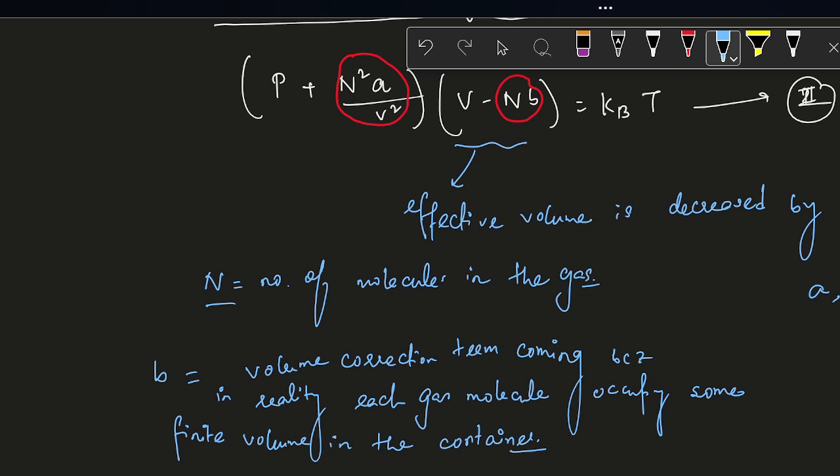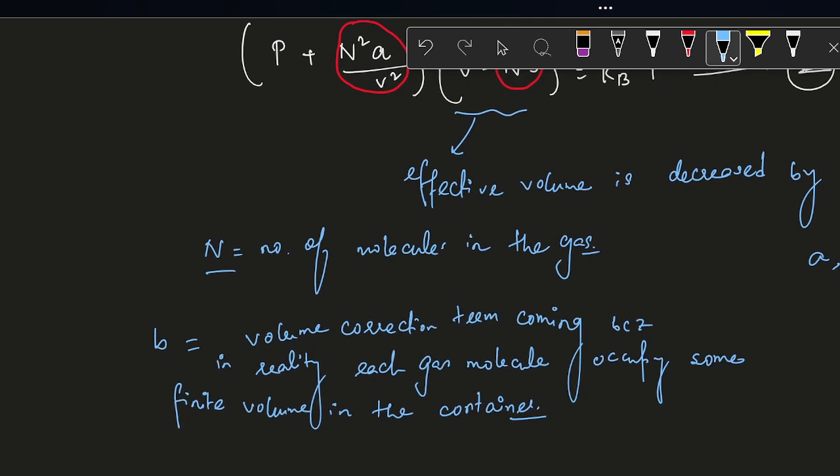The total container volume V was available whenever a gas molecule wanted to move from one place to another. So in the ideal case the available volume is always V, because a single molecule does not occupy a certain volume. When a molecule moves randomly because of thermal motion, it sees the total volume of the container available to it.